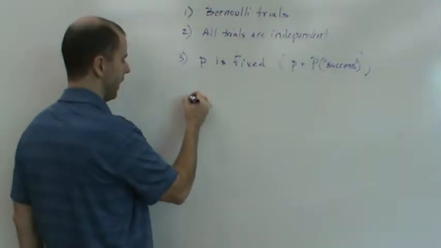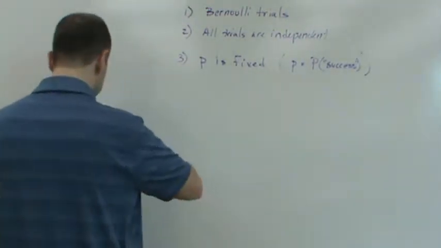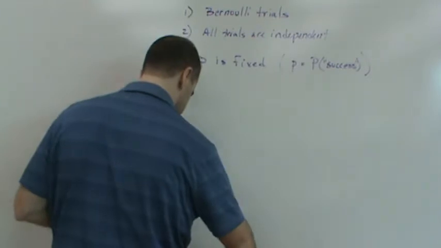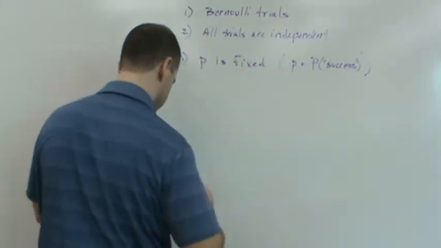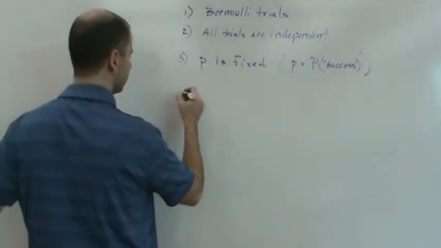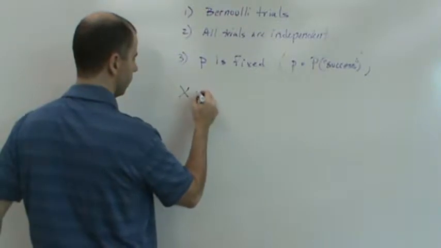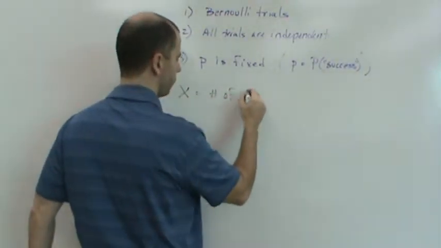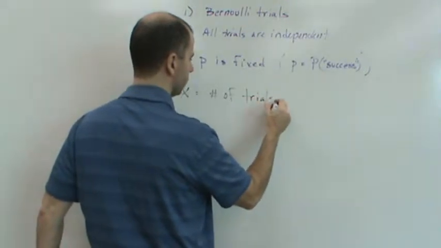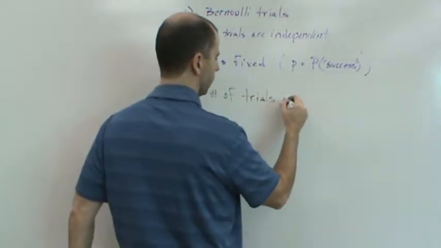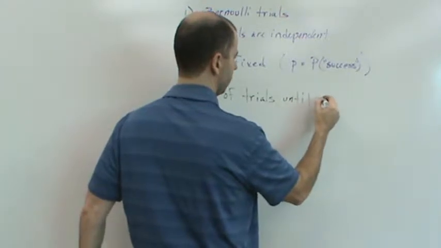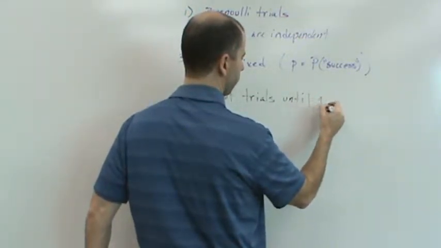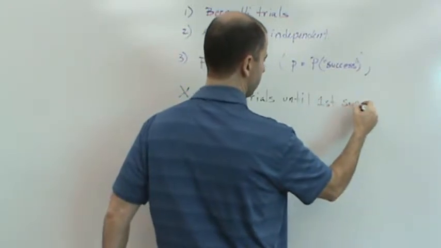So in this case, x is equal to the number of trials until you get your first success.